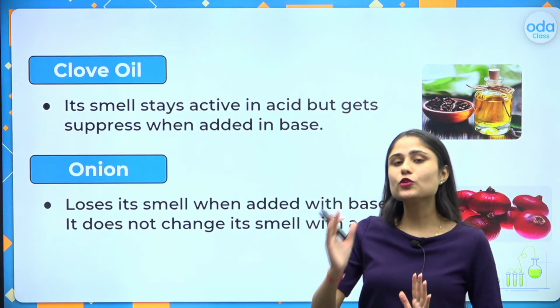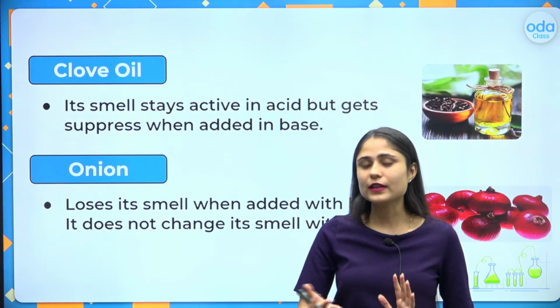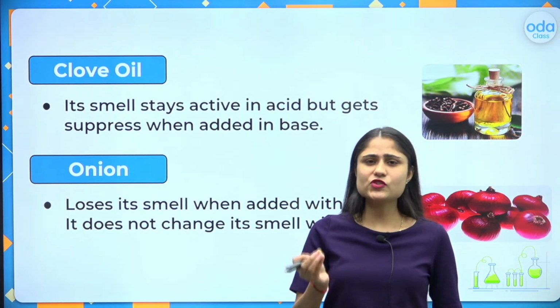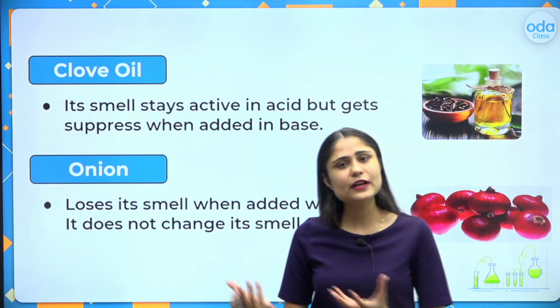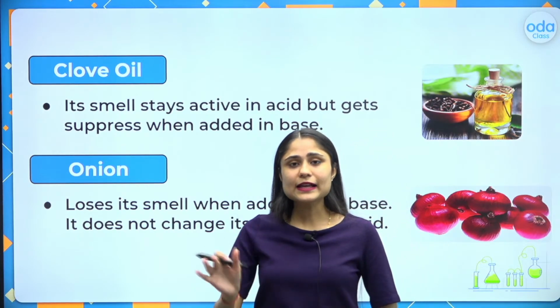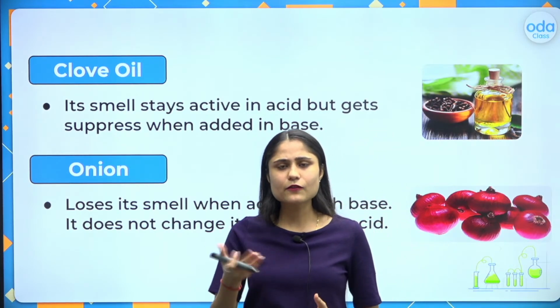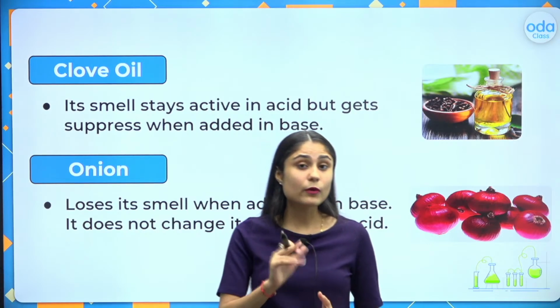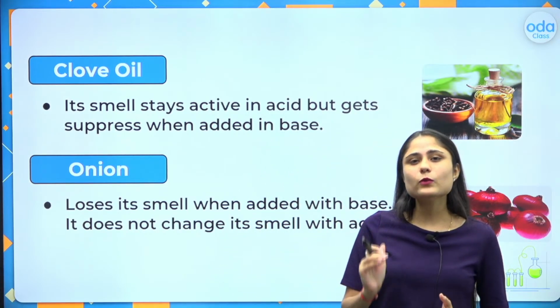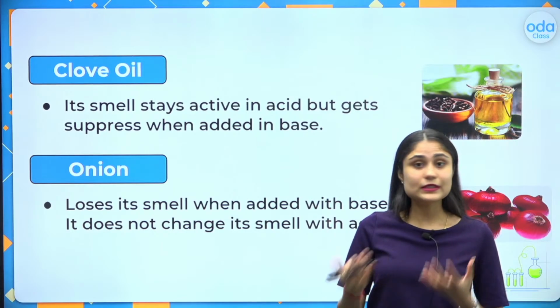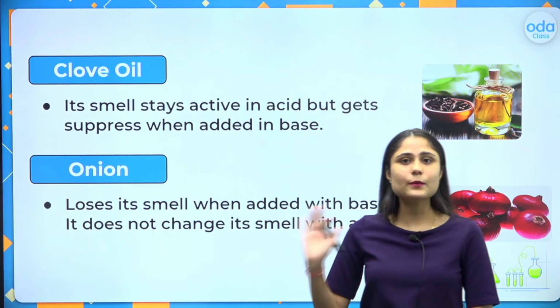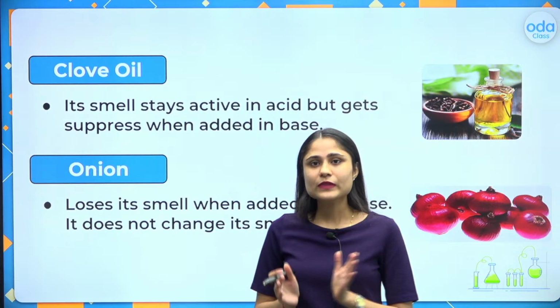That means you will not be able to smell the clove oil. As I've said, clove oil has a pungent, easily identifiable smell. So in acids, you can smell it, but when we add it to a base, the smell will be suppressed. So it helps us to identify whether a substance is an acid or a base.